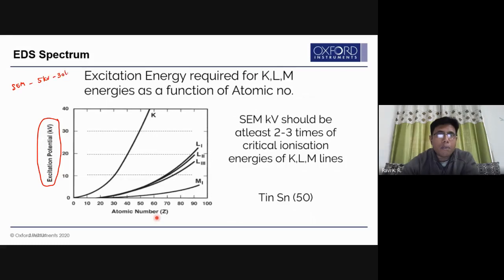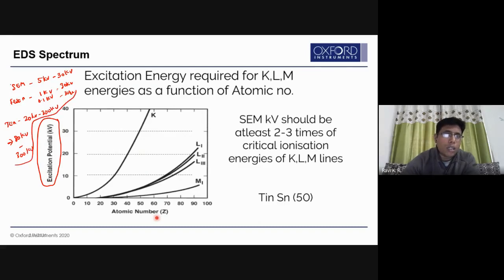If it is a FESEM, you can even go to 1 kV or even 0.1 kV, but the upper limit is 30 kV. In TEM, if it is aberration corrected, you can go from 20 kV up to 300 kV, but in general it is 80 kV to 300 kV. This is what we have seen earlier, the kind of excitation voltage that we use in TEM and SEM.